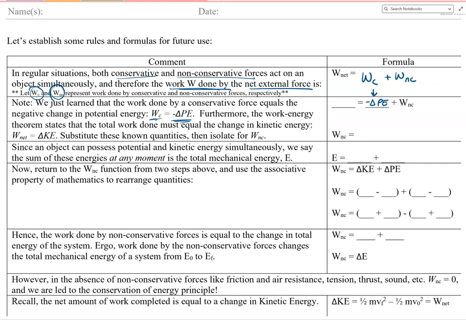Work is, in fact, just a measure of a change in energy. And since that's the case, while conservative forces are connected to and responsible for our change in potential energy, the net amount of work that's being done, according to our work-energy theorem, would be our change in kinetic energy.